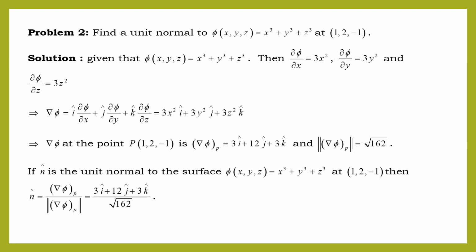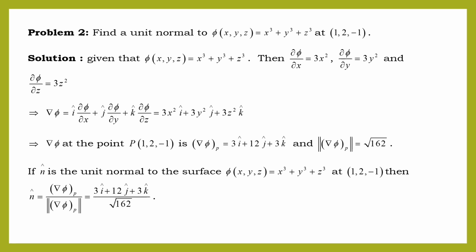If we substitute x, y, and z values, we get del phi equals 3i cap plus 12j cap plus 3k cap. This is the value of the gradient of the given surface at the given point. This is also called a normal to the surface at the given point.